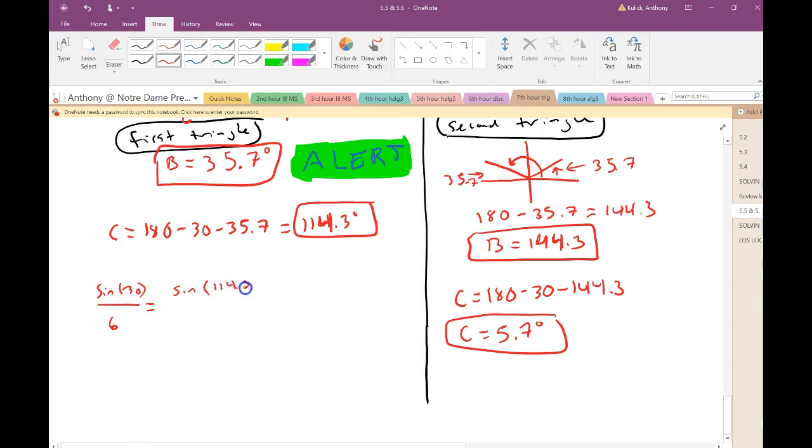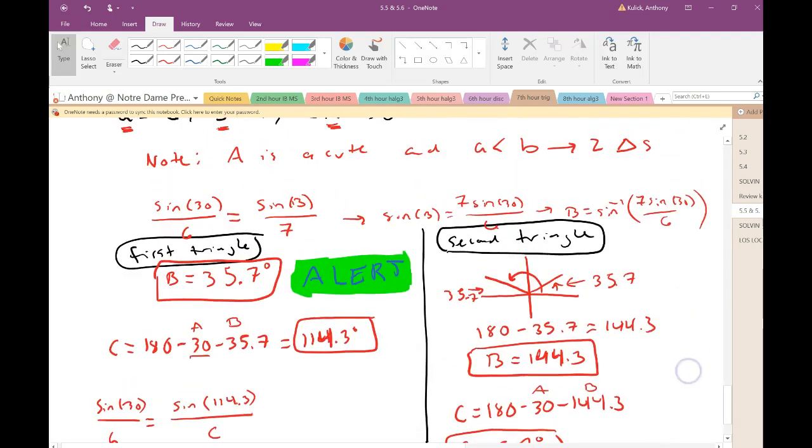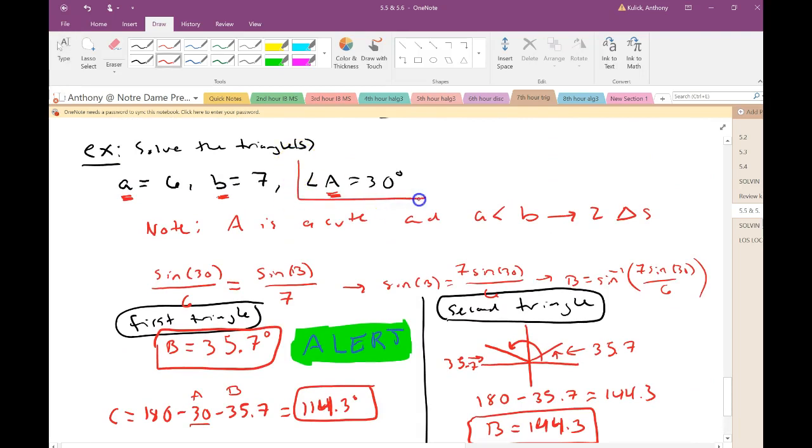I'm sorry, what? Here, this is A, this is B, right? We were given in the problem, angle A was 30 degrees.